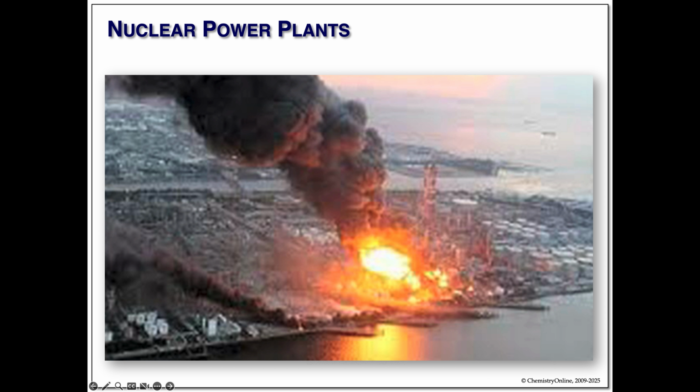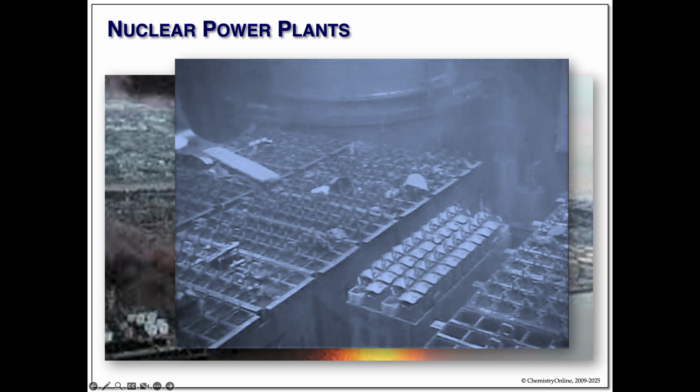Again, there was a tsunami and an earthquake. Drenched the thing. Today, Fukushima looks like this. It's covered with water, flooded. Now this water is radioactive. They don't quite know what to do with it. And it's leaking out a little bit.